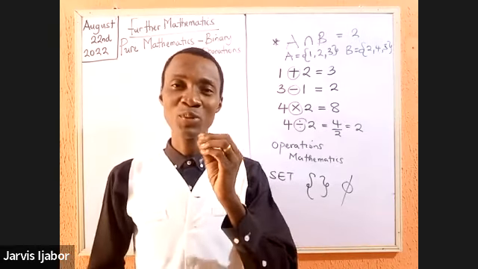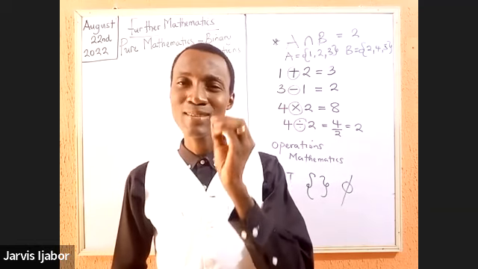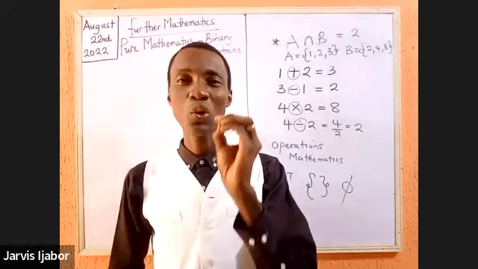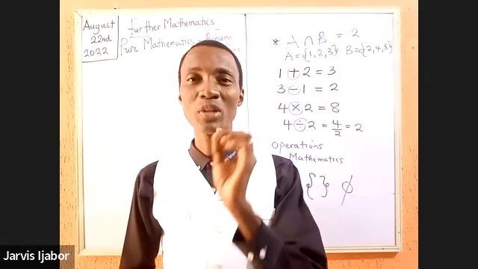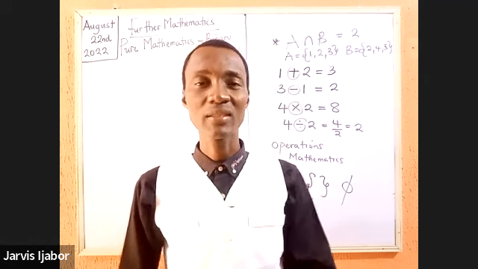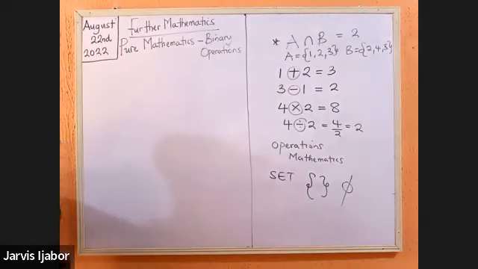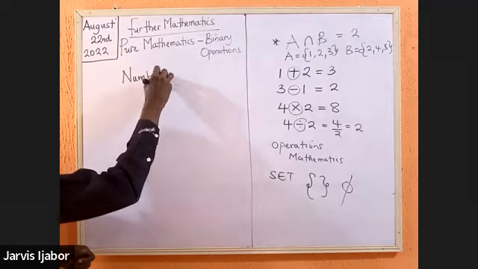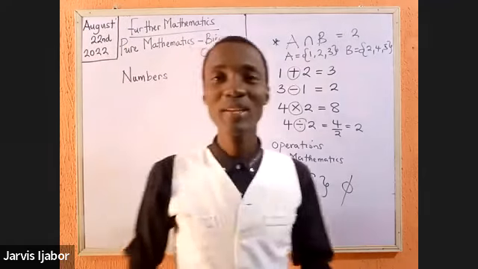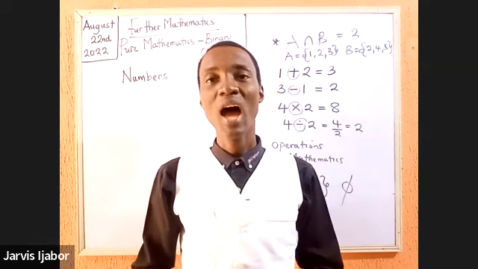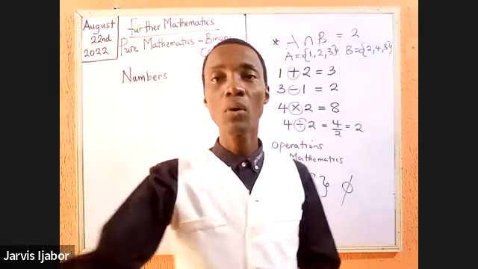But students have failed to understand that this simple idea is the driving force of all understanding when it comes to the matter of binary operation and maths, to say the least. Okay, so with that said, let's look at numbers. What is a number? A number is simply the representation of what? Quantity. A number tells us how big or how small.